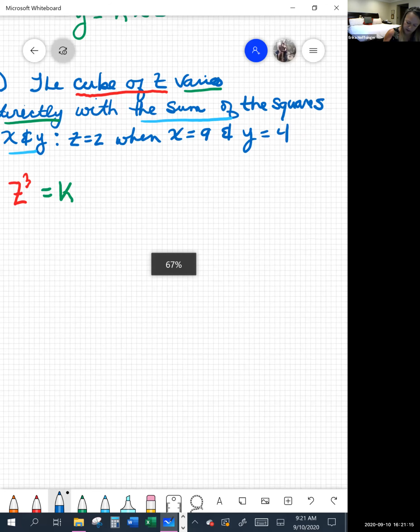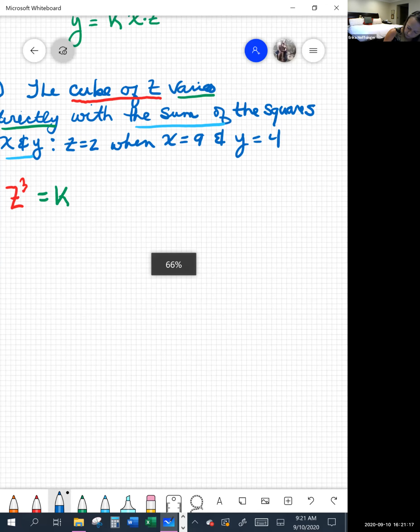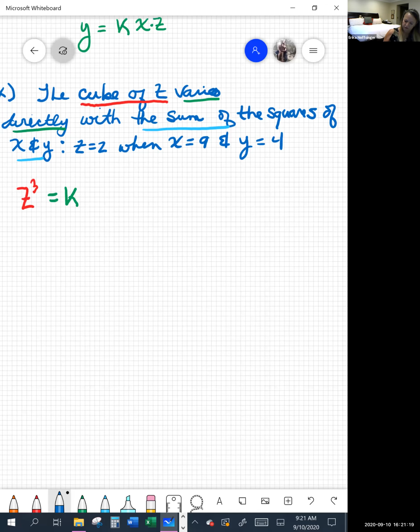Of X and Y. Okay, so it varies directly with the sum. So I'm going to put a parentheses here. And it's telling me the sum of the squares, so I'm going to square my X value, plus the Y squared.